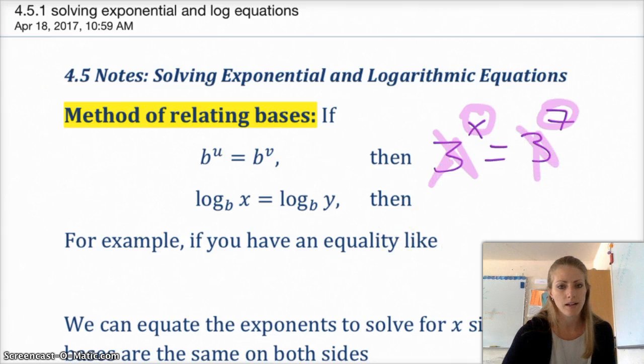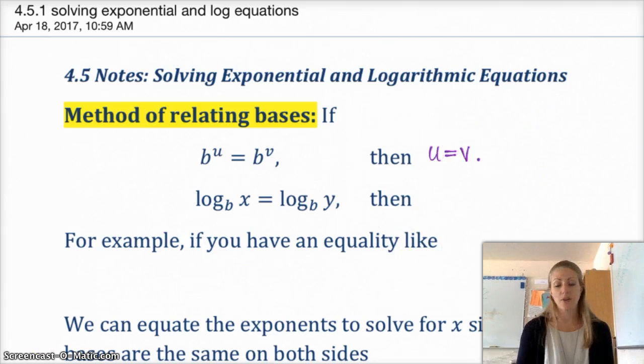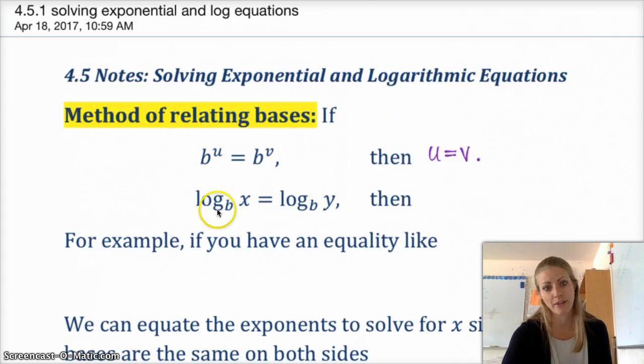Okay? So, cool. Similarly, if you have one log equaling another log and they're of the same base, and you have nothing else in the equation to worry about, like you have log base b of x equals log base b of y, then x sure as heck better equal y, because if they're not, then they're not equal.